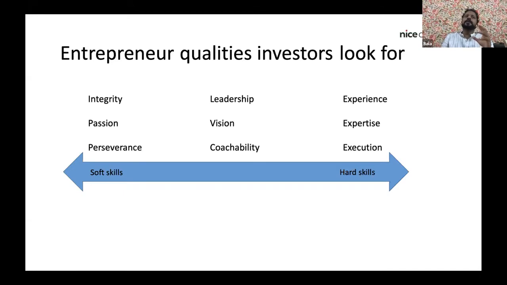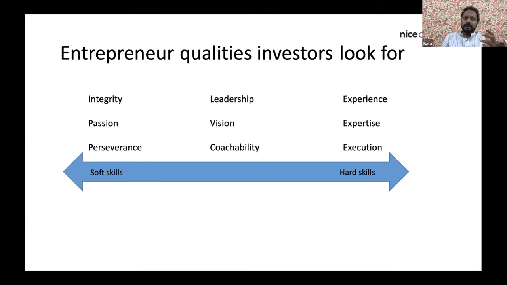You have to be humble, willing to learn, willing to accept when you are wrong, and open to learning from others' experience, and that is coachability. They look for that. Do you have mentors? Is there somebody mentoring you? Do you have a strong sense of purpose and vision, and do you have leadership qualities? This is something they will look for.